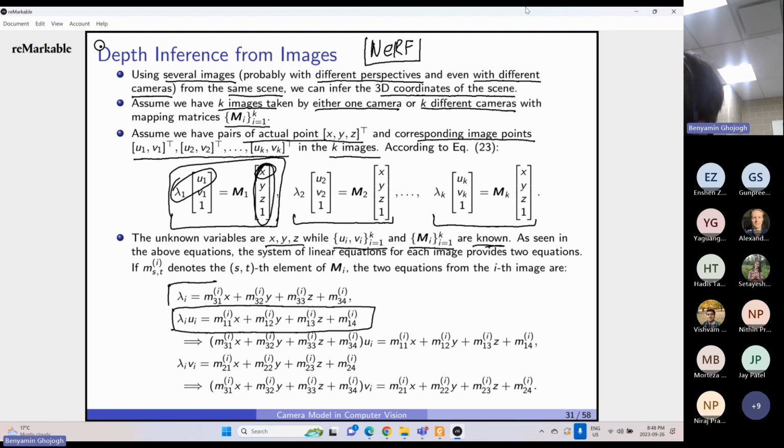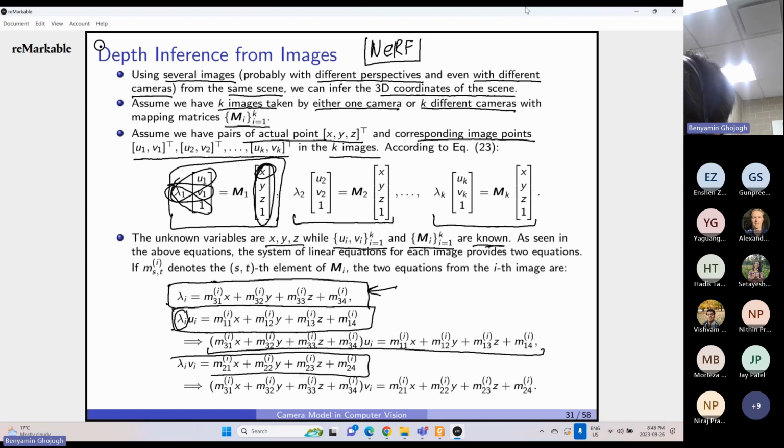Also, lambda_1 times 1 is the last row of M_1 times the whole thing. So it's this, right? Therefore, I can replace lambda_i with this equation. Then I will get this equation. Likewise, I can write it for lambda_1 v_1. I will get this, and I can replace lambda_i with this equation to get this equation. Agreed?